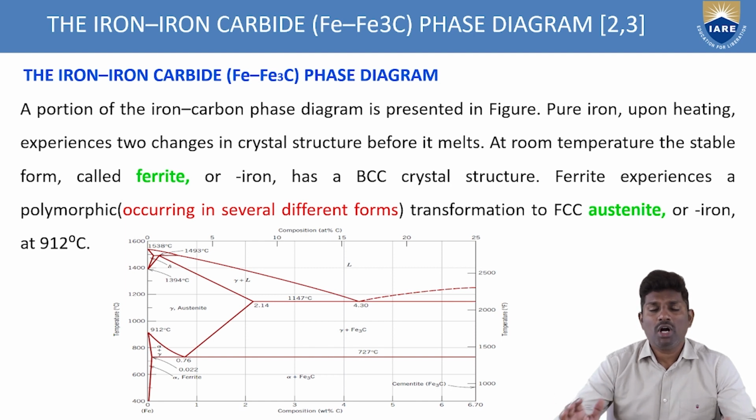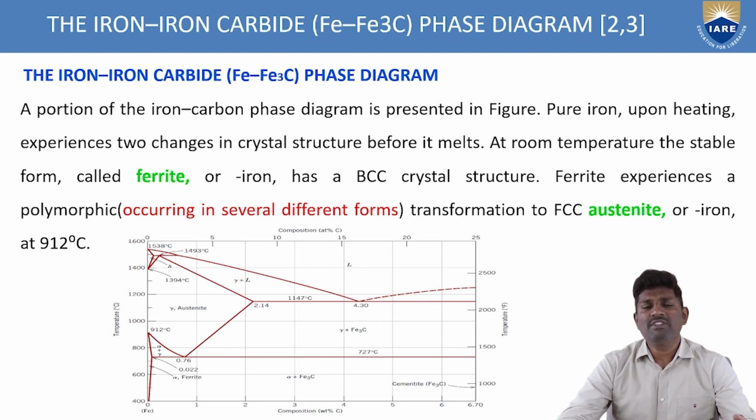So the y axis gives the information, at a particular temperature, about which phase is present. That is the importance of the x and y axes in any phase diagram drawn with the help of the Gibbs phase rule.